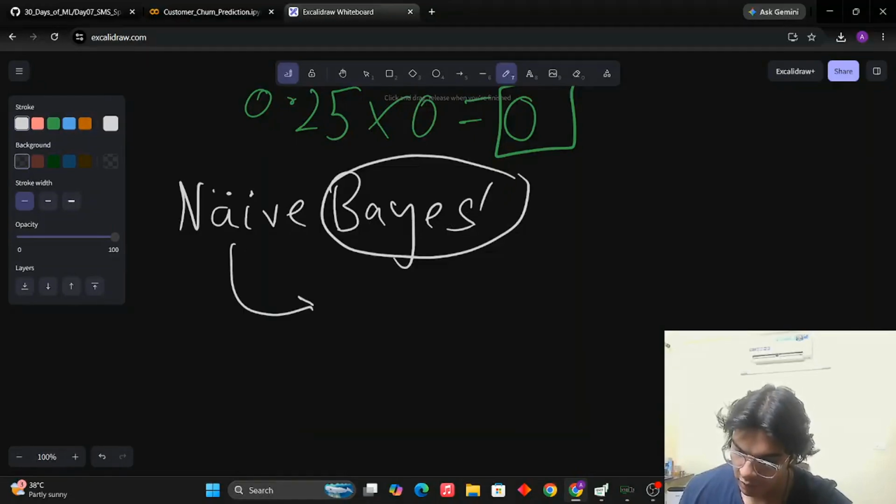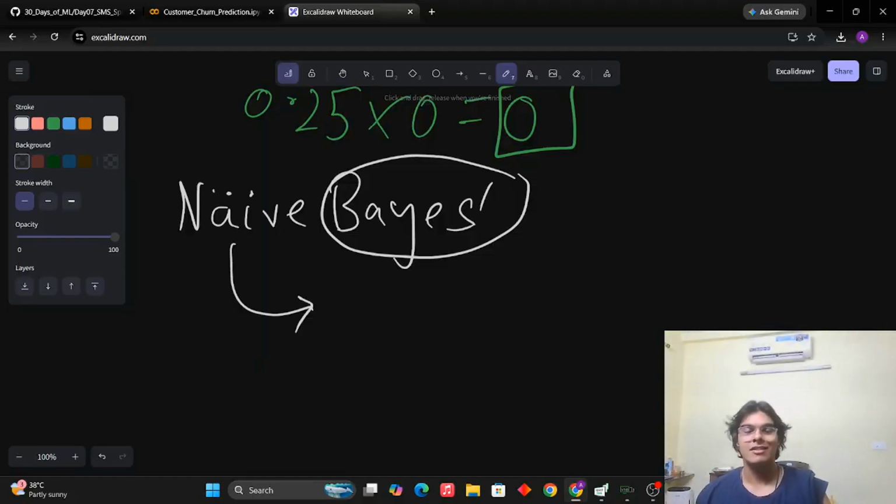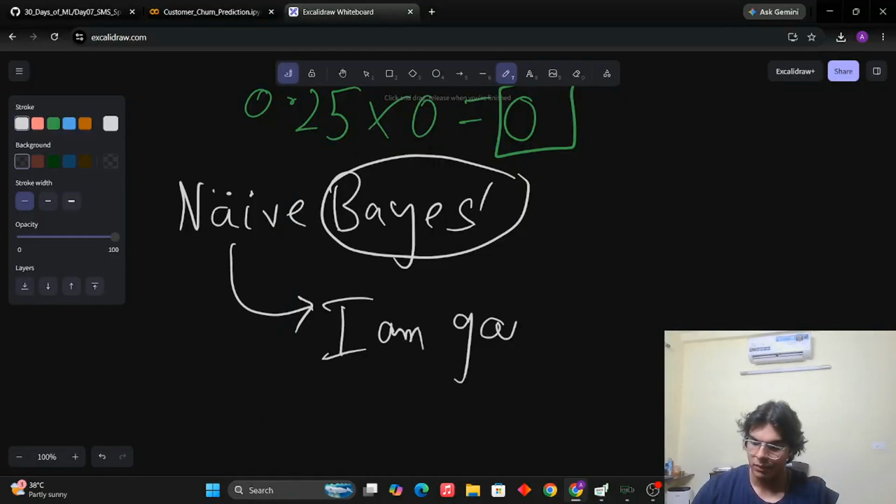Okay. So Bayes is clear, it is the name of a scientist. What about this naive? Why is it being called naive Bayes? What's the naive thing in the naive Bayes classifier? This is actually a question that was asked to me. So the naive assumption in the naive Bayes classifier is that the words are independent of each other. When we are calculating the probabilities, let's say I have the sentence "I am going to the gym".